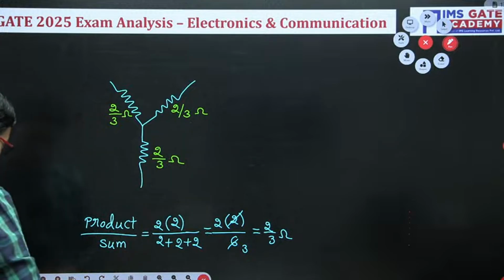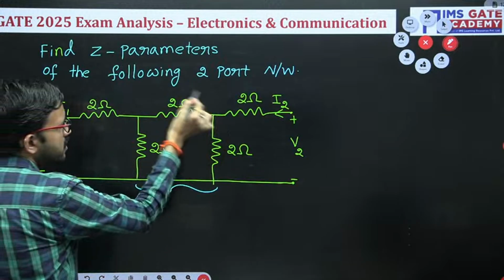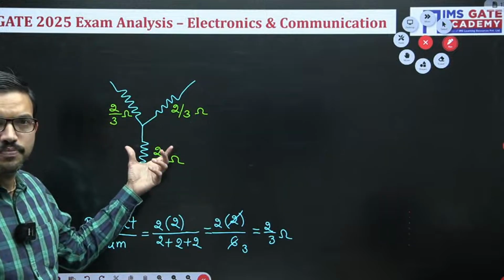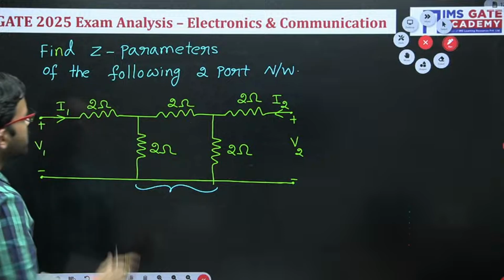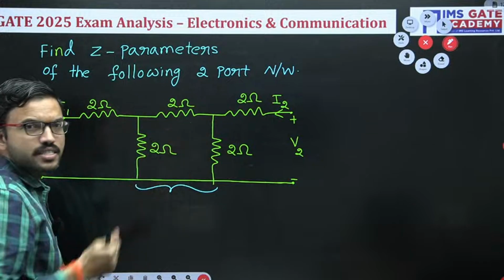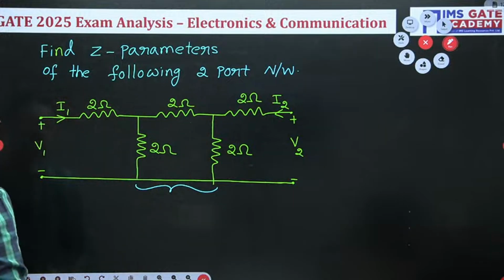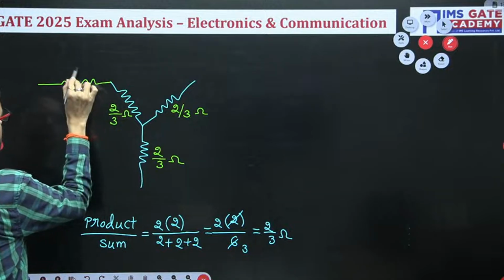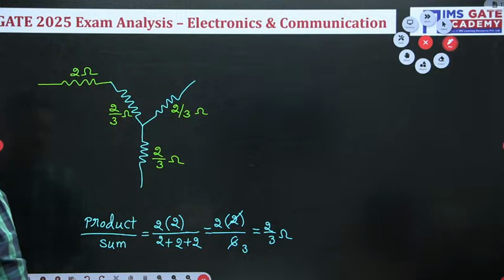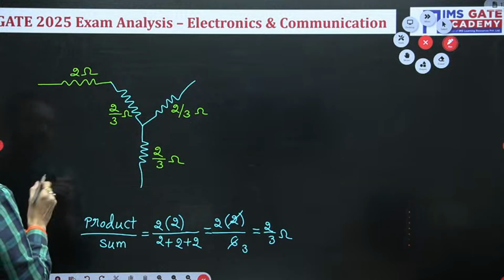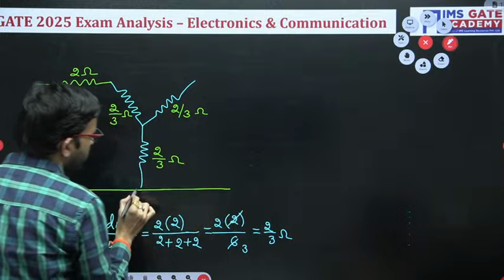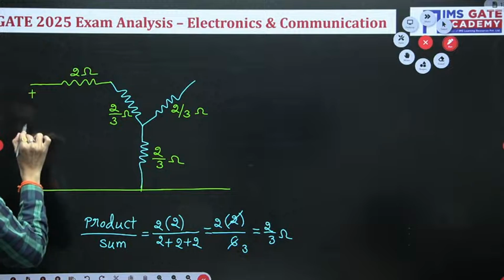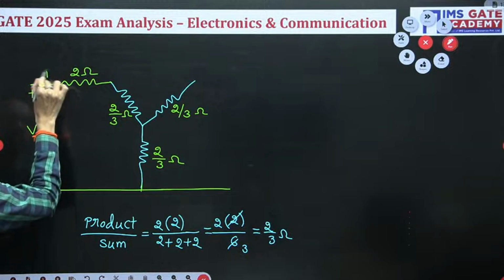Now whatever part of the network we have, we are able to convert like this. You can keep the remaining part of the network as it is. Here you have a 2 ohm resistor, and here we have to consider this line. Here you can put the voltage notation V1 and the current I1.